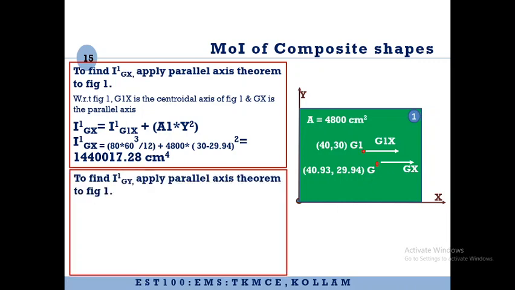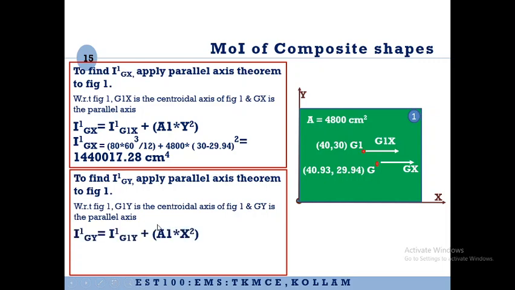Similarly, we can find out IGY of 1 by applying the parallel axis theorem to figure 1. Here again we have to know which is the parallel axis and which is the centroidal axis. The centroidal axis of figure 1 will be G1y, and the parallel axis will be GY. If we apply the parallel axis theorem, IGY of 1 is equal to IG1y of 1 plus A1 into x square.